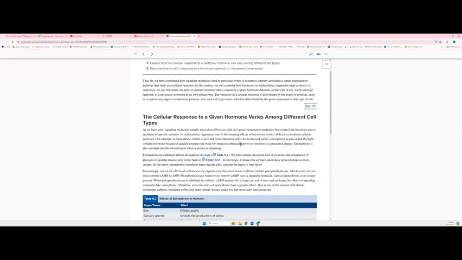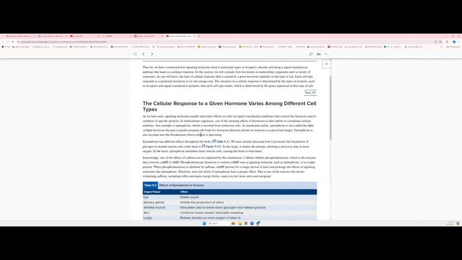For example, you got scared, and you generate a hormone called epinephrine. Epinephrine has different effects throughout our body. One of the cellular responses we learned is that it can trigger the breakdown of glycogen in skeletal muscle cells, and then it will generate more ATP.